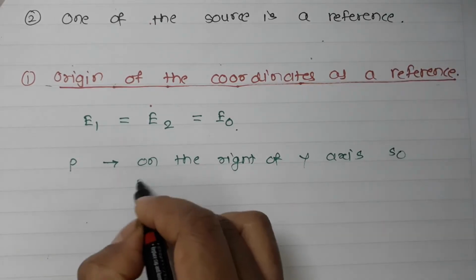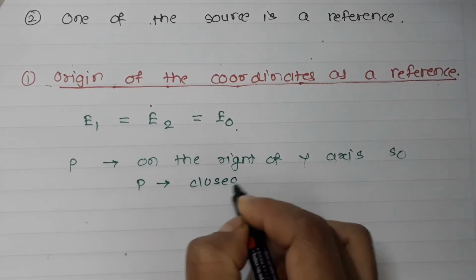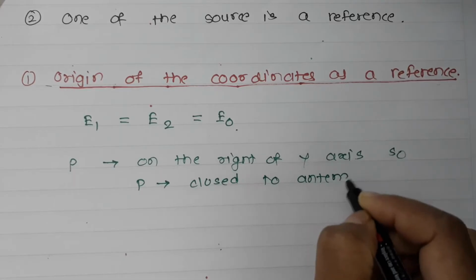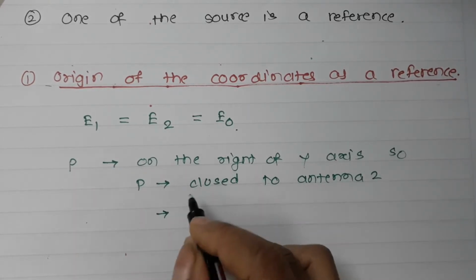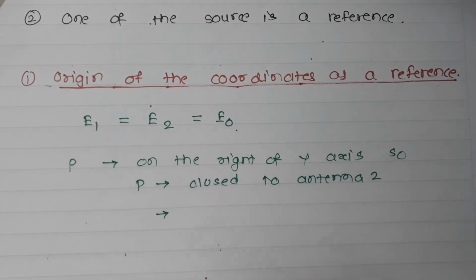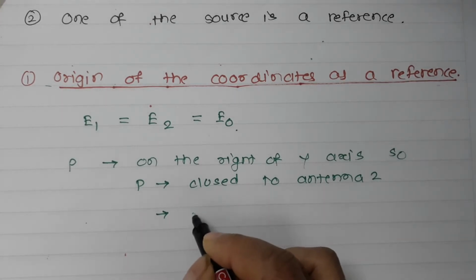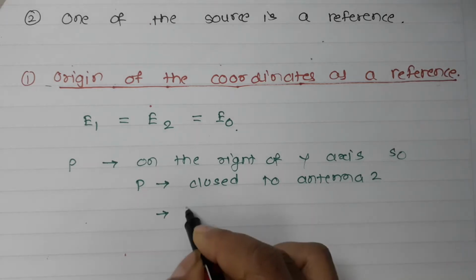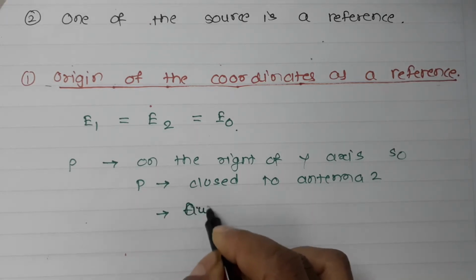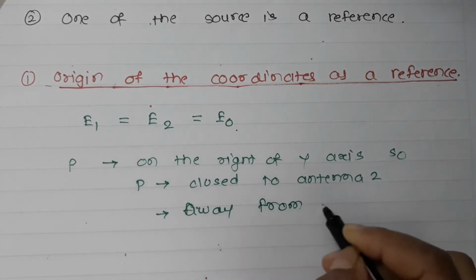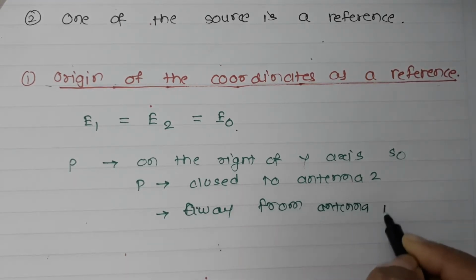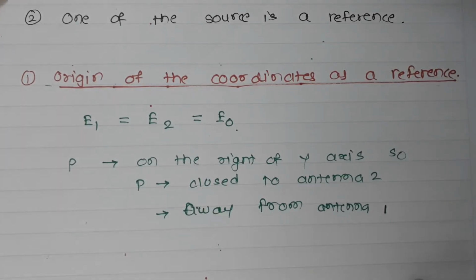So P will be closer to antenna 2 and a little bit away from antenna 1. If a similar isotropic source is placed at the reference, then the field due to antenna 2 will reach point P early as compared to the reference field. So the field 2 is said to be leading the reference.